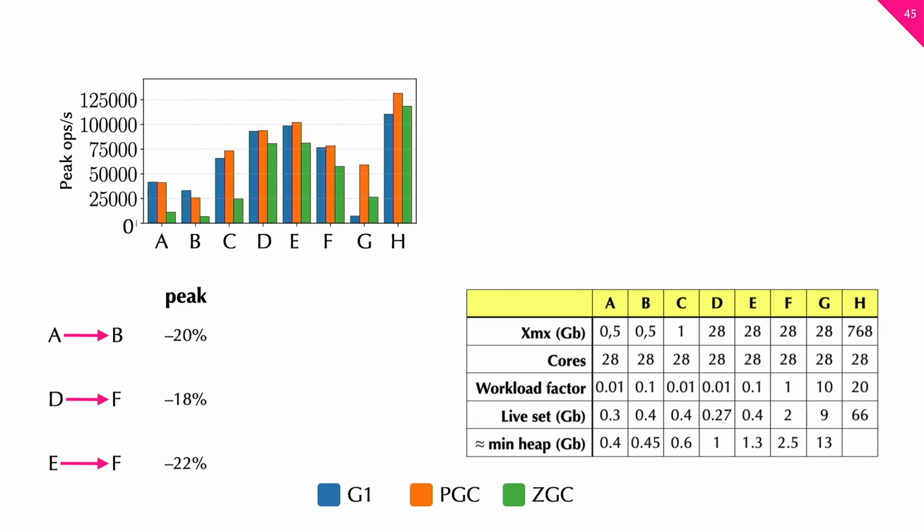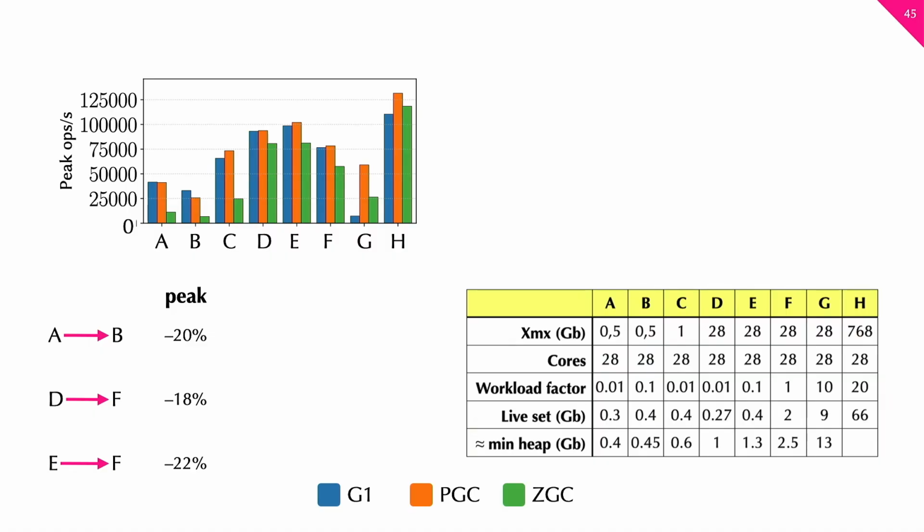If we look at the D and E configurations, which are similar to F, we're giving it again 28 gigabytes of memory, so that's 1 gigabyte per core. And in the E workload, we've scaled down the number of items, customers, and retained receipts by a factor of 10, and then we're doing it again to get from E to D. So we're seeing some substantial changes in live set here.